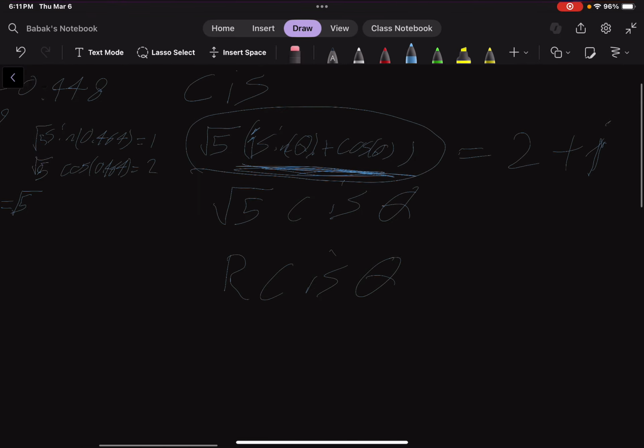Now that we've established what cis is and what imaginary numbers are, we will regard two critical operations. First being the conjugate of the imaginary number, which is supposed to be a star. And the modulus of the imaginary numbers. Now, the modulus is essentially the magnitude of the imaginary number vector.